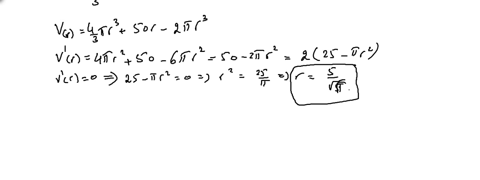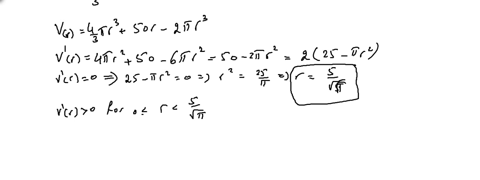Or we do the table of variation. In both cases, we find that the derivative is a positive value for r between 0 and 5 over radical pi.